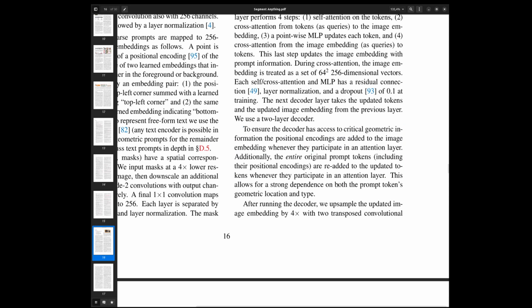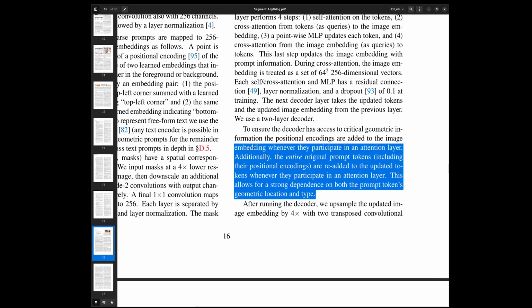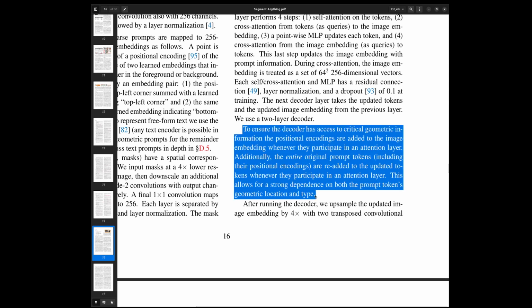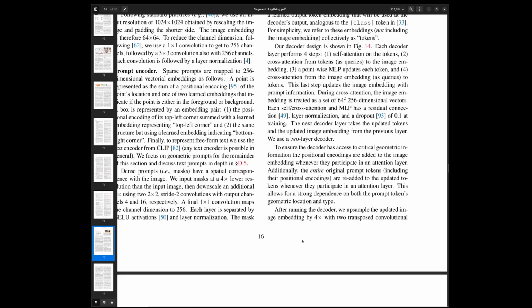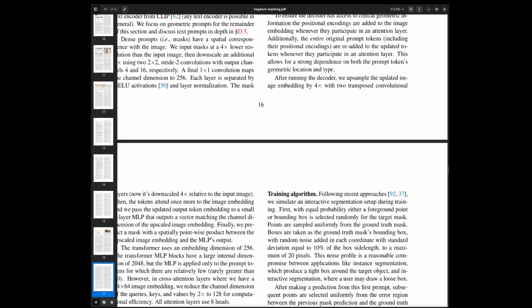This allows for a strong dependence on both the prompt token's geometric location and type. I'm not convinced by the need of doing this, but it's okay. After running the decoder, we upsample the updated image embedding by 4x with two transposed convolutional layers.